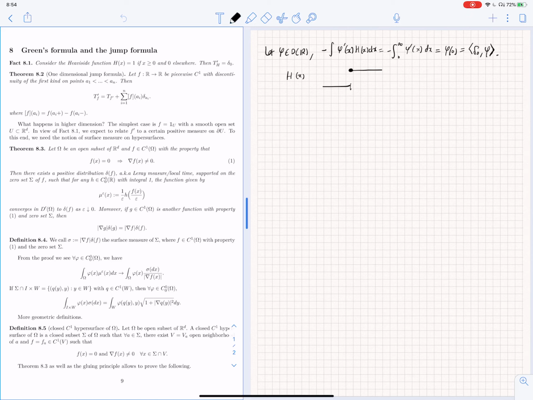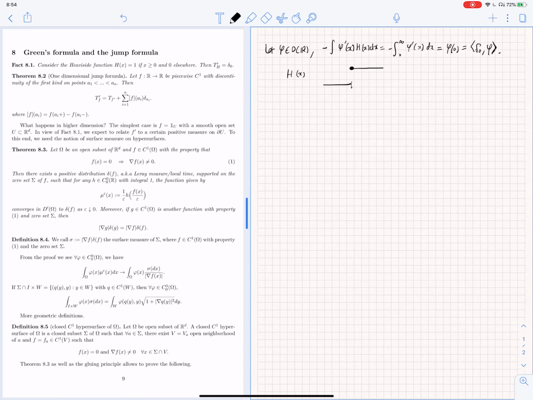So let's see how to prove this. It's actually not much more difficult than the simple fact. So we prove theorem 8.2. Let's do the proof. We consider a generic test function φ, and we are going to compute the negative of the integral of f times φ' dx. We can decompose the integral into a sum because f behaves differently on different intervals.